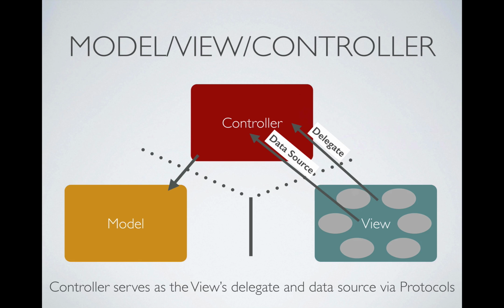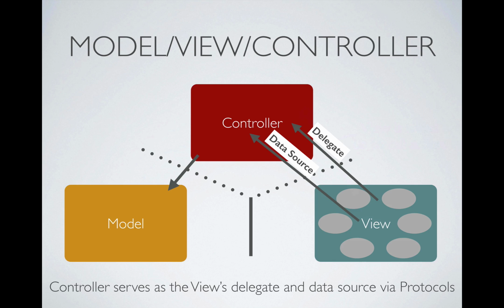Now, the other way that the view will communicate or interact with the controller is via delegation. Delegation is a very common pattern used all over the iOS frameworks. And the idea here is that a class, instead of implementing something, is going to delegate it to another class. And there are two types of protocols that are commonly implemented by the controller.